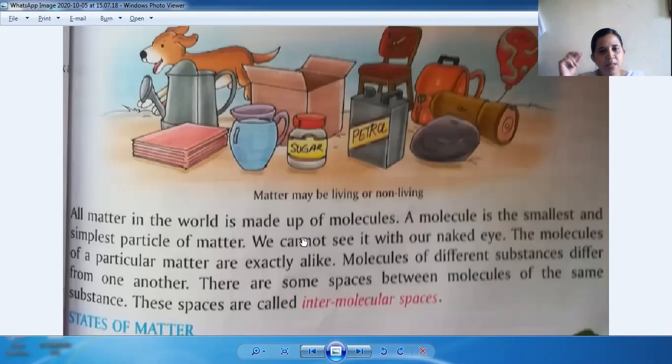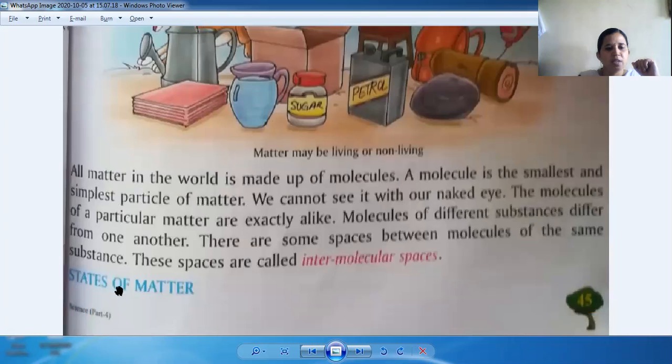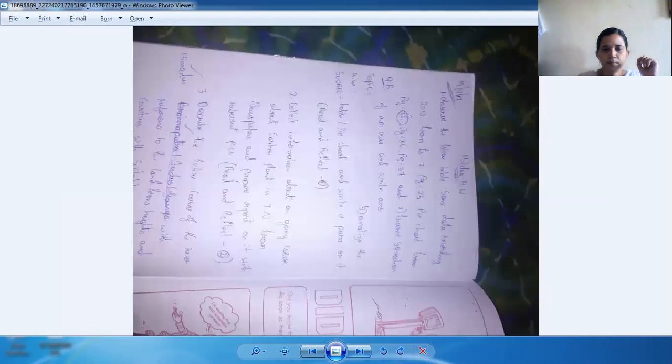We cannot see them with our eyes. So what is the space which is there in between the molecules? It is called intermolecular space. The space between the molecules present in any matter is called intermolecular space. So the states of matter, how can we divide the states of matter? Now, let us see.